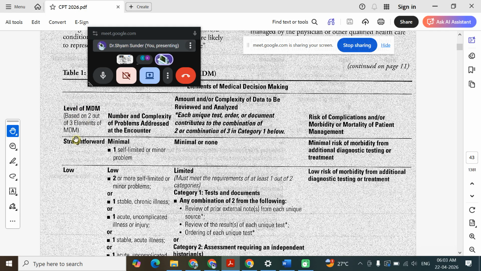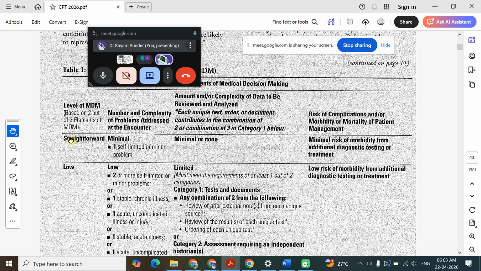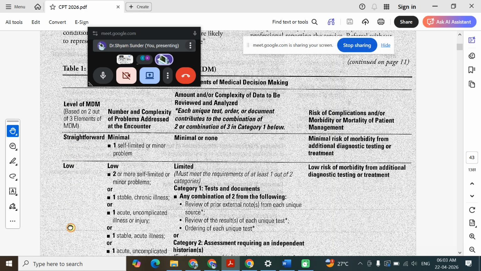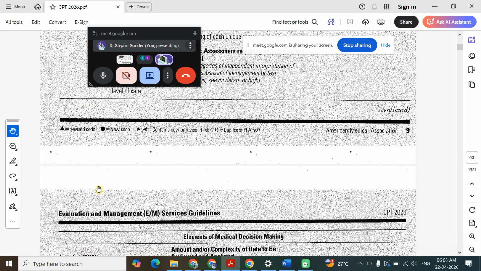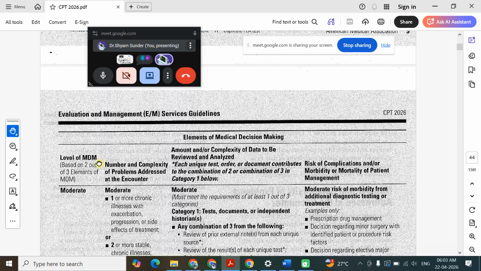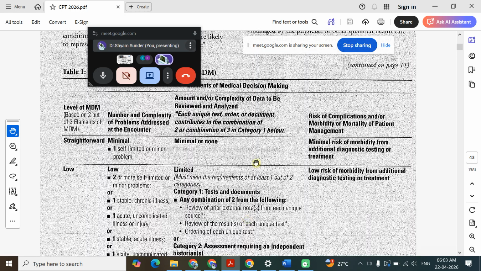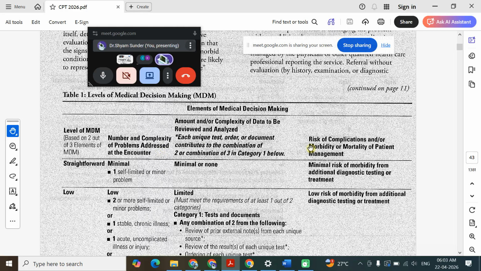You have 4 columns: 1, 2, 3, 4. The first column is about the MDM level. Straightforward, low. They should have given it in the same page. Moderate, high. And these are the elements I was talking about. Number and complexity of problems addressed at the encounter.